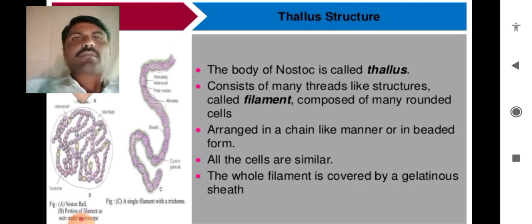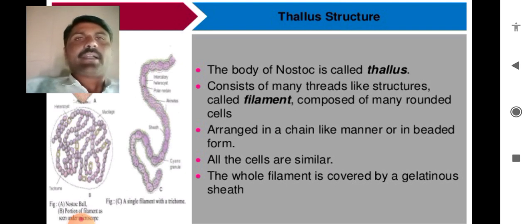As I said, these cells are arranged in a chain-like manner, forming the bed-like structures. Dissimilarity of the cells is not seen, that is, similar cells are observed.